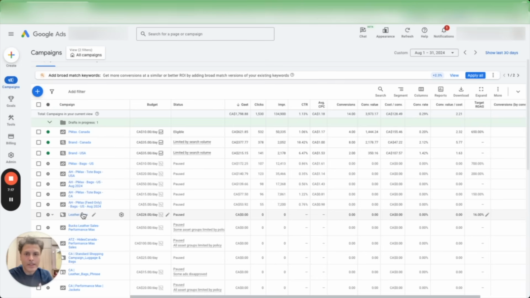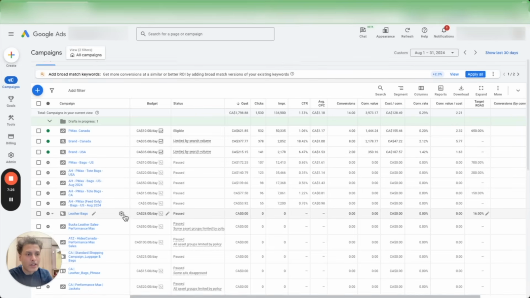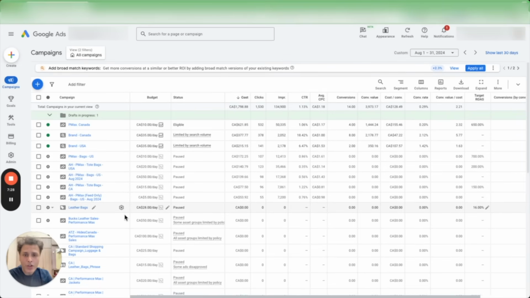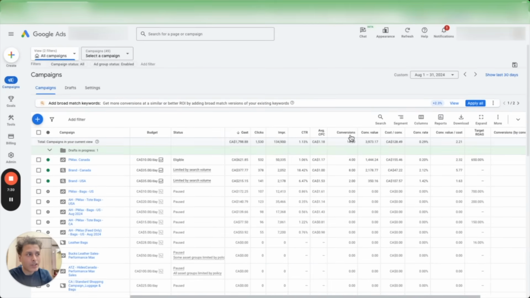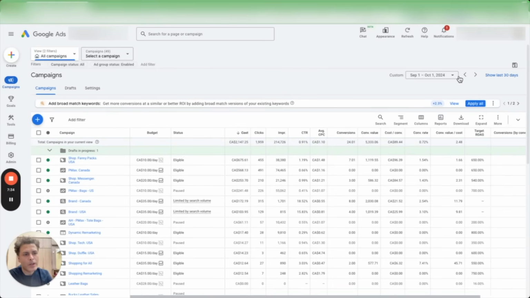Then in the second month we had a meeting about what exactly I'm doing and what exactly our goals are. So we had that discussion. After this, I paused all the shopping campaigns, and I started in the next month. I think it was the second month where I started the shopping campaigns, if I'm not wrong.